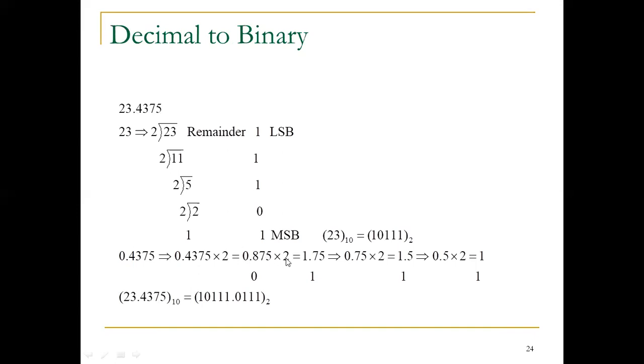Then it is multiplied by 2 again, 1.75, and you continue up to the last bit, that is 5. And if you see here, you have to take the bit which is on the left side of the floating point. So you consider here 0, here 1, here 1, and here 1. That's why 0.4375 is converted into 0.0111. So this is the equivalent binary number of this decimal number.